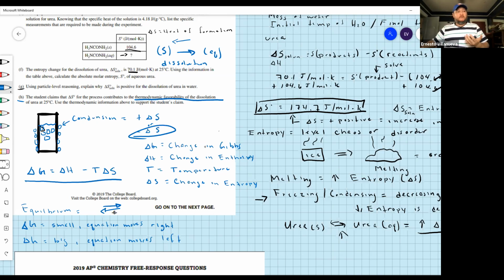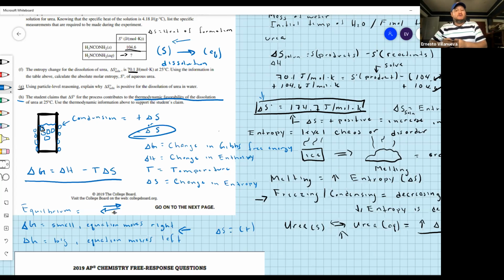This represents Gibbs free energy. It's kind of complicated, but all in all, this is the way to think about it. A small delta G means it's going to the right, to the product side. In this case, we know that delta S is positive. We calculated it, it's right here.